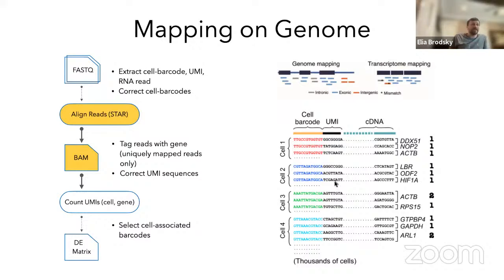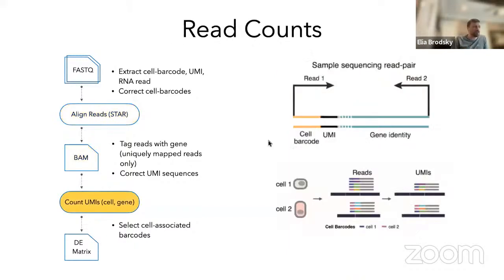Now, we have thousands and thousands of cells, right? So the process to count these UMIs has to do with comparing cells to each other, right? And the problem typically is that we don't have enough mRNA material in each cell. And so here we run into some challenges, right? The challenges are going to be to assign those UMIs correctly, and then to have as much data as possible so that we can take the high quality data to make biological interpretations, right?